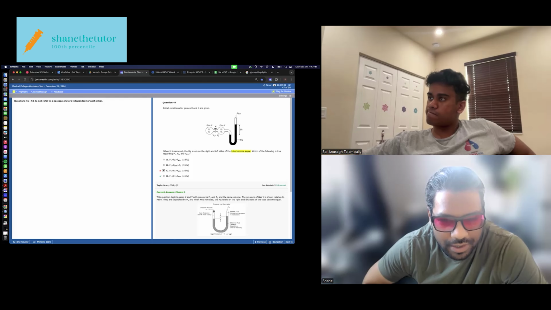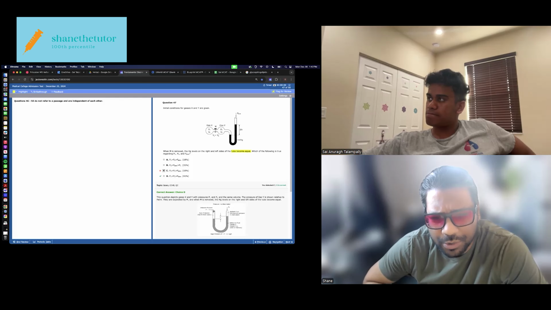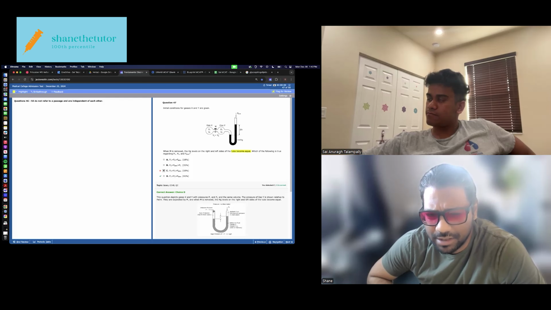The two V's are equal, and then we have some stopper M in between, and then gas Y, P2, V2. They're saying when M is removed, the mercury levels on the right and left side of the tube become equal.